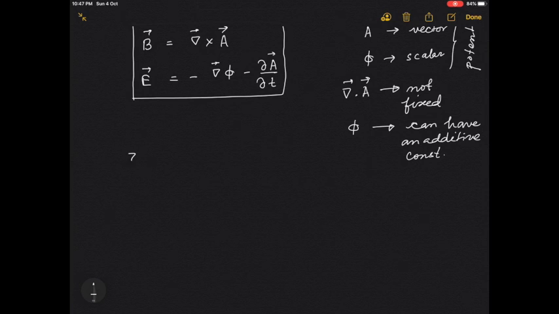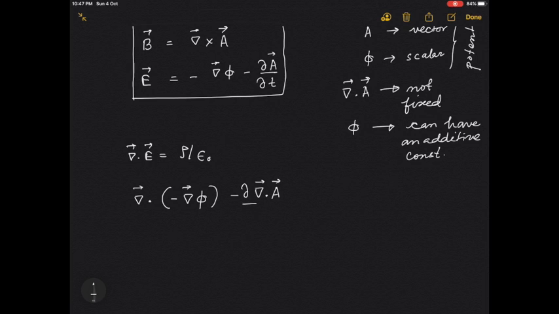So let's start with the first Maxwell's equation. The first one that I have written down, there is nothing called first Maxwell's equation. The divergence of E equals rho by epsilon naught. So this is divergence of minus grad phi minus del T of divergence of A equals rho by epsilon naught.